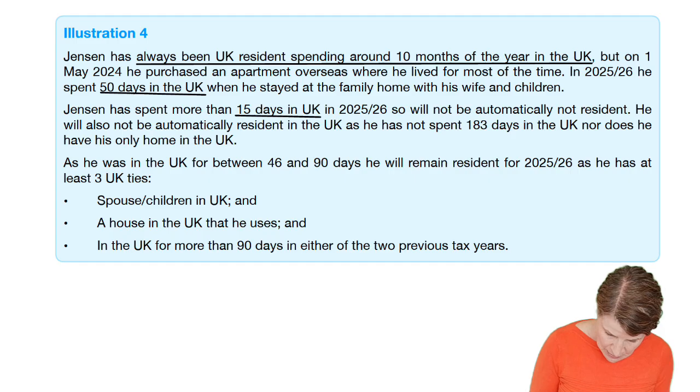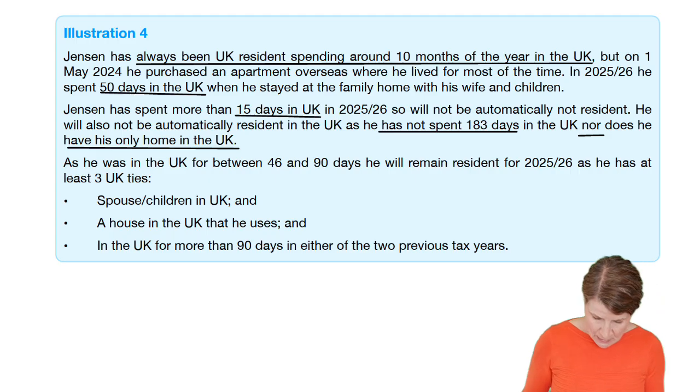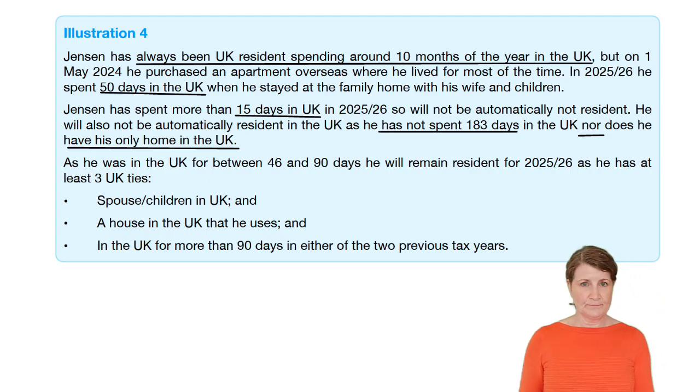So he's not spent at least half the tax year, and he doesn't have his only home in the UK. So we've gone from step 1, he's not automatically overseas resident. We go to step 2, he's not automatically UK resident. And we've got to go on to step 3.